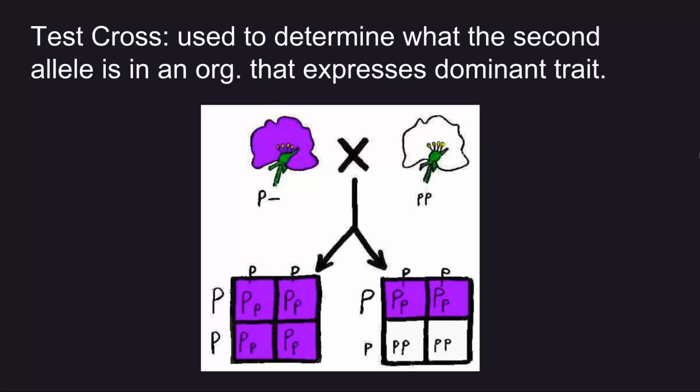If every single one of the offspring has the dominant color, there is a very high chance that your individual flower is homozygous dominant. But if any of the flowers come up as being white, then you know that your flower has to be heterozygous. It has to have that recessive allele to pass down to the next generation.